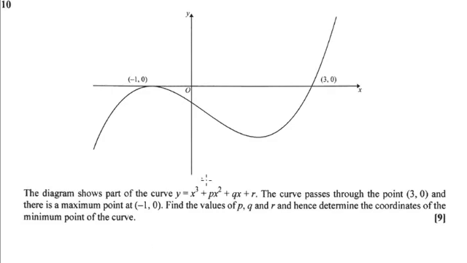Okay, question number 10 is probably the hardest question on the paper. It's a big 9-mark question. We've been told that we've got some sort of cubic, but the only thing we've been told is that it's a 1x cubed.